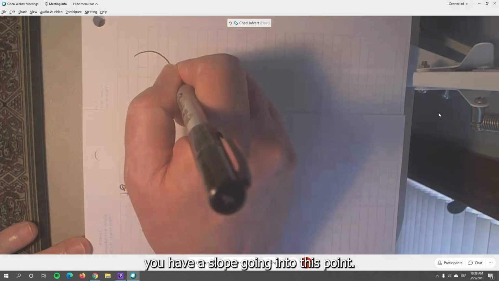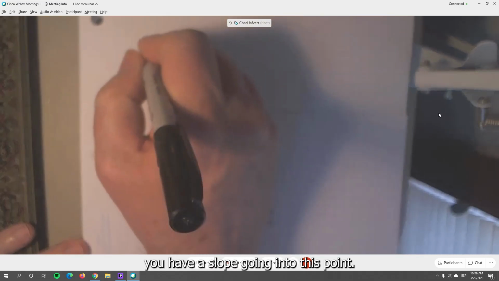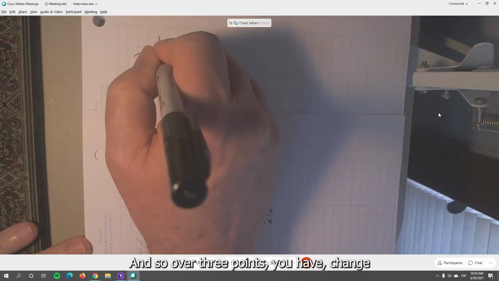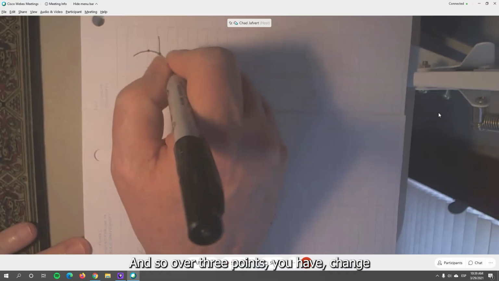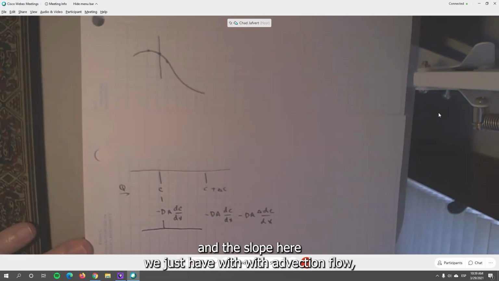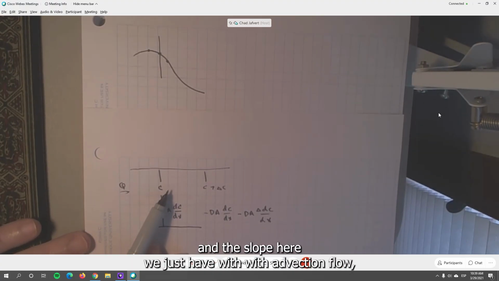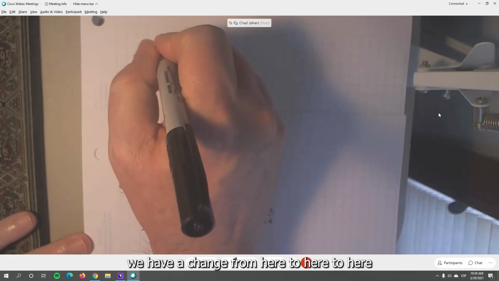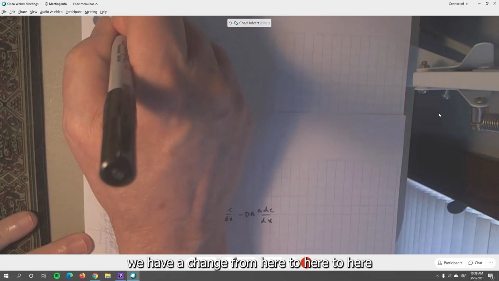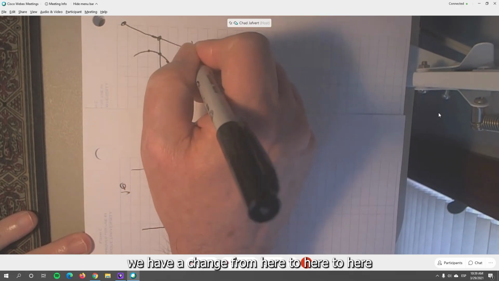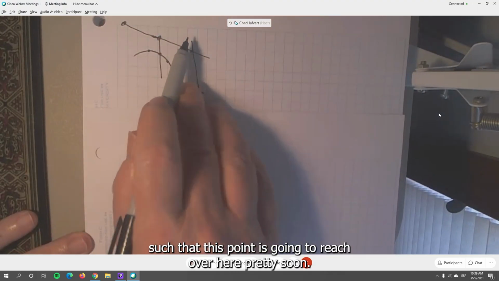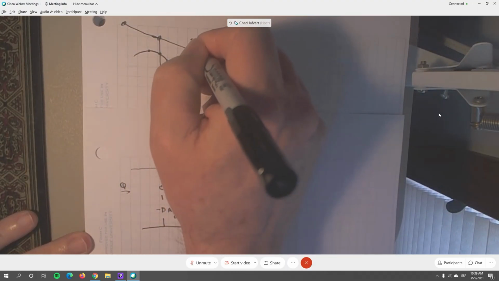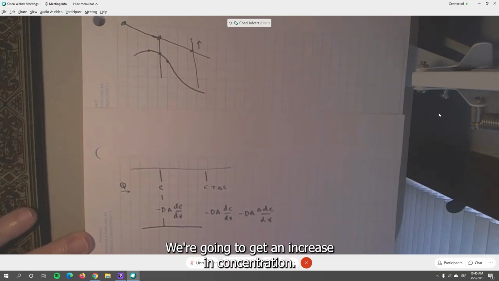you have a slope going into this point. And so over 3 points, you have a change in the slope. Here we just have, with advective flow, a change from here to here to here, such that this point is going to reach over here pretty soon, and we're going to get an increase in concentration.